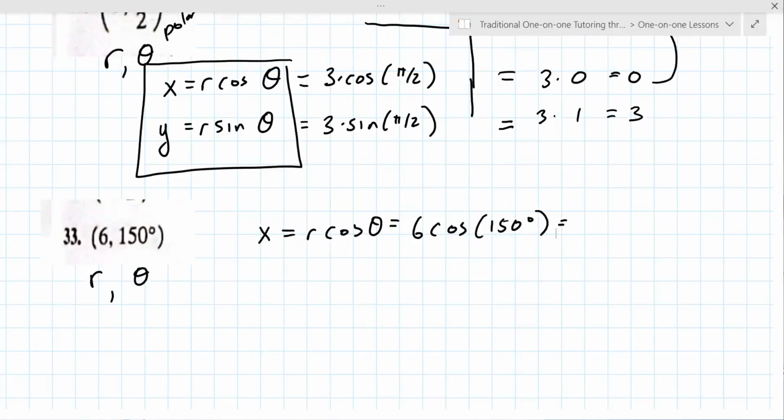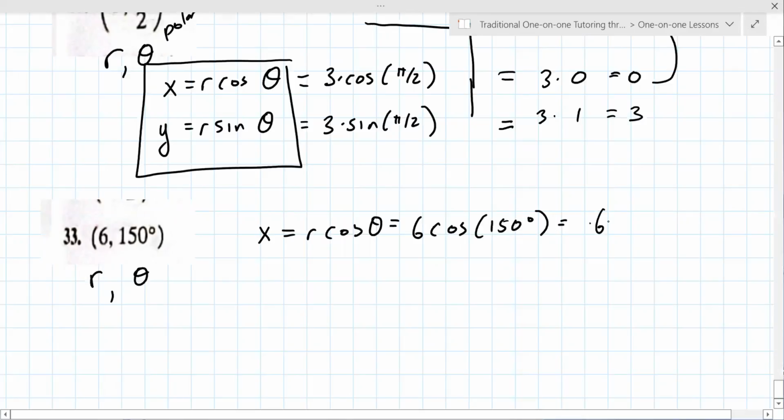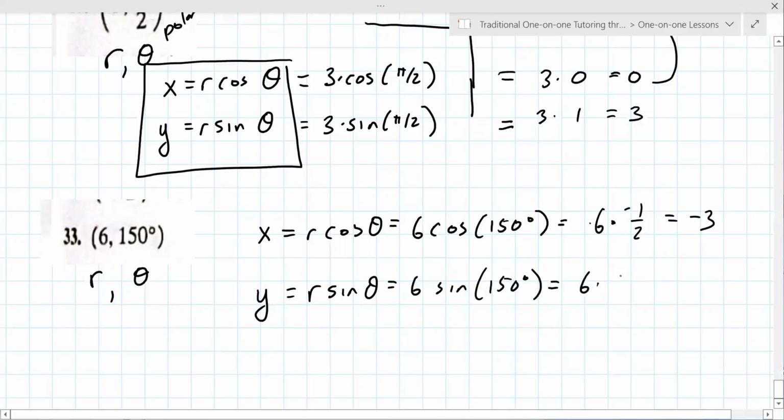So you should get 1/2 for that. No, sorry, negative 1/2. And then that reduces to -3. And then Y equals R sine theta, 6 sine 150 degrees. And the sine is 1/2, so it becomes 3.